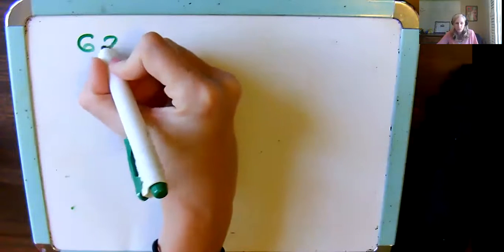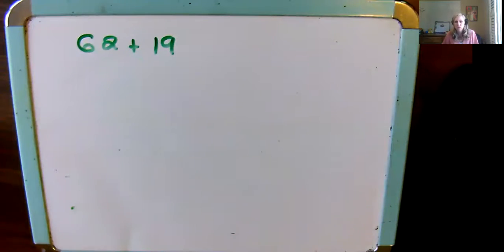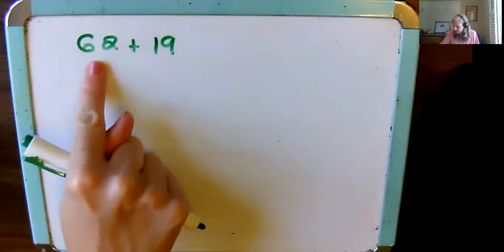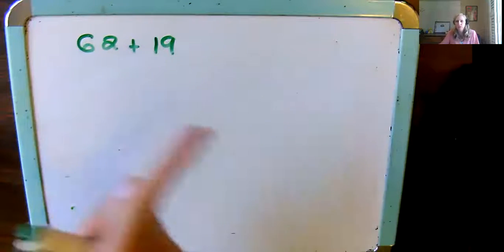Let's spend some time reviewing adding integers with the same sign. We learned a fun little song. The song said, same sign, add and keep. So if we have 62 plus 19, ask yourself, what operation am I doing? 62 plus 19, I'm doing addition.